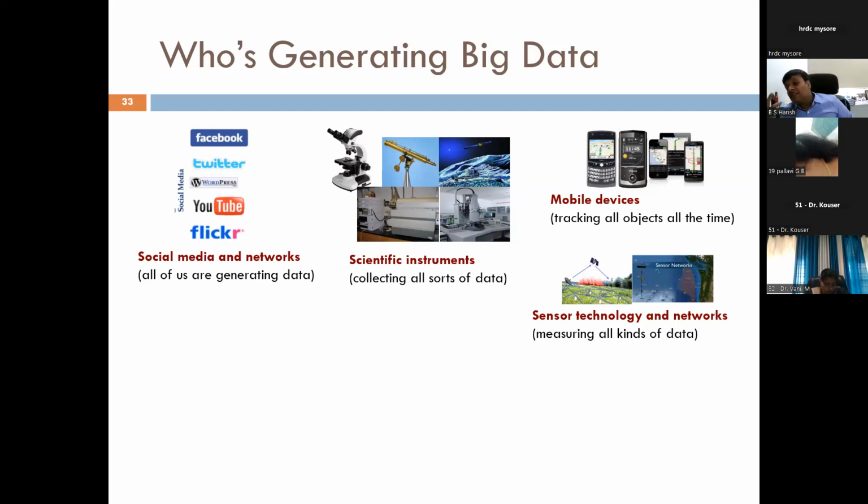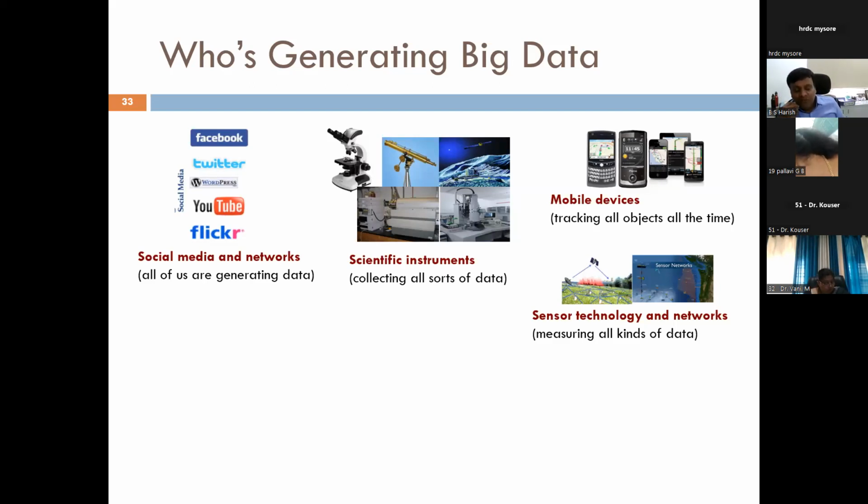Now the sensor has reached the best extent. A good example that can be given is in highly sophisticated automated cars, where even the driver's activities will be monitored.